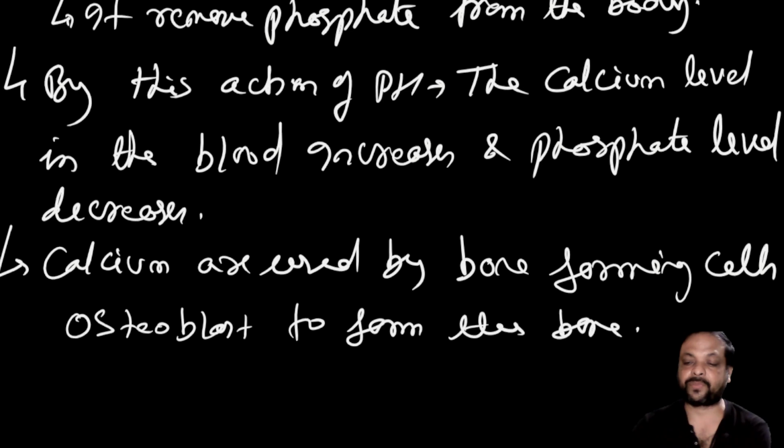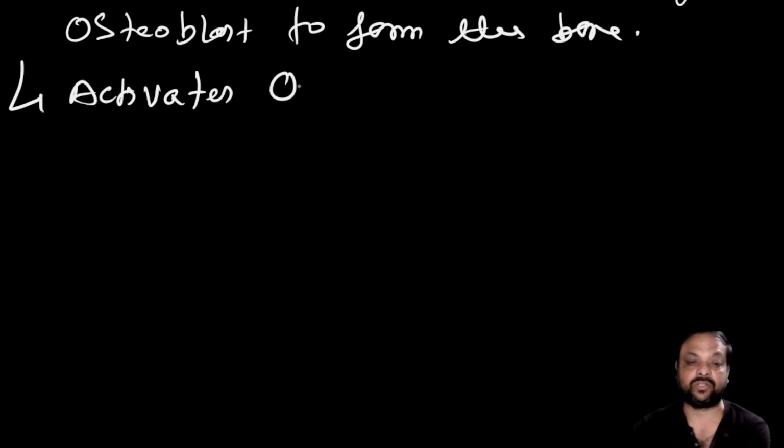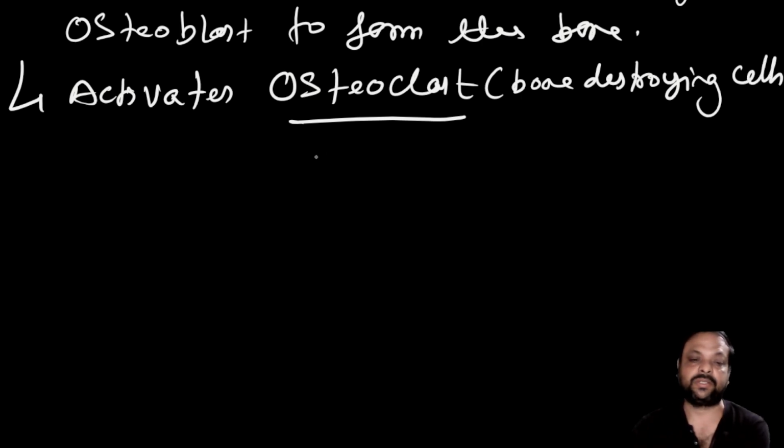And also this hormone activates osteoclast. What is osteoclast? These are bone destroying cells. So these hormones activate this osteoclast.